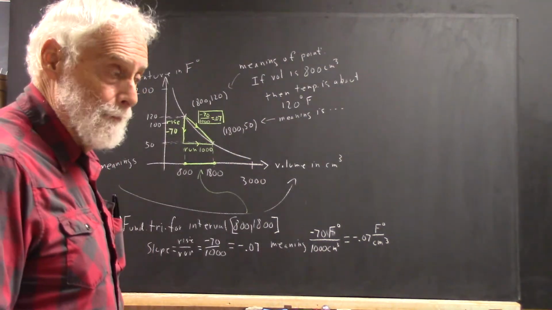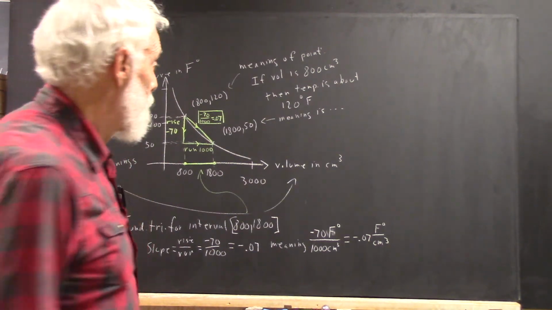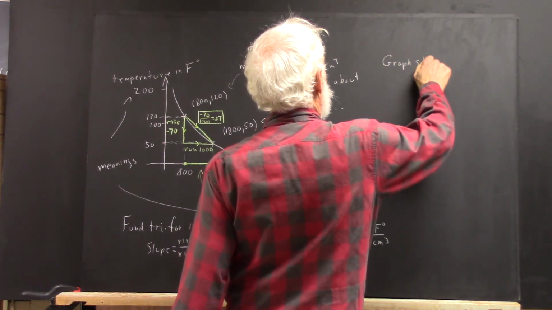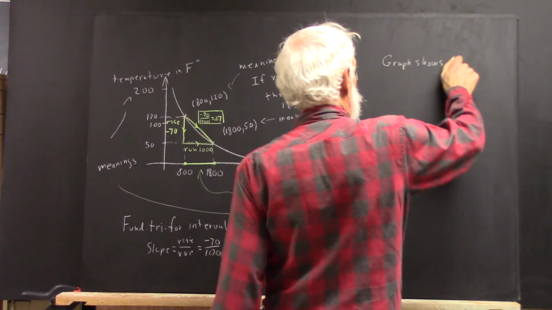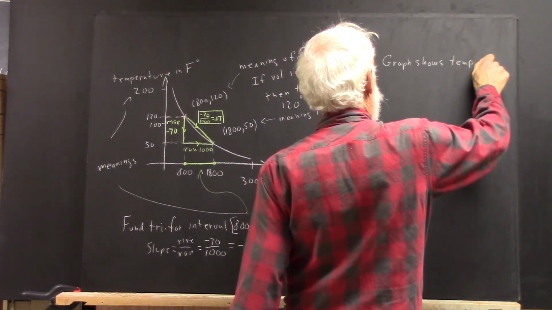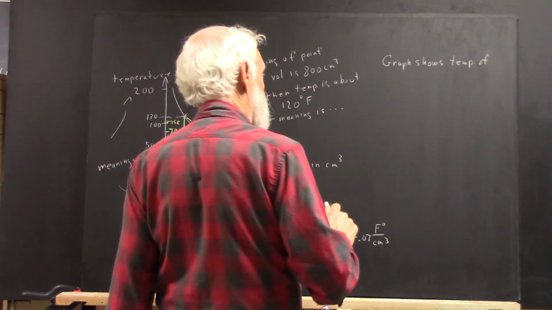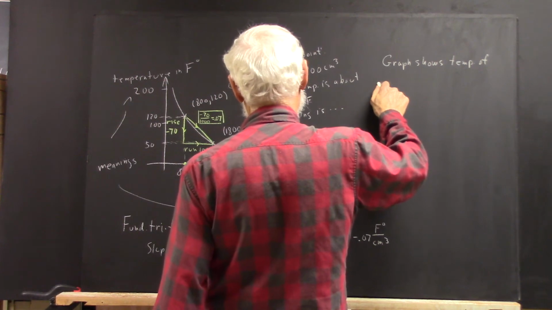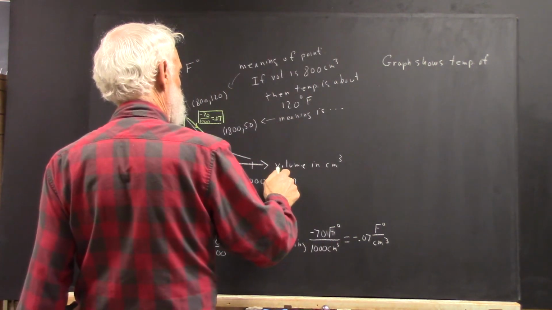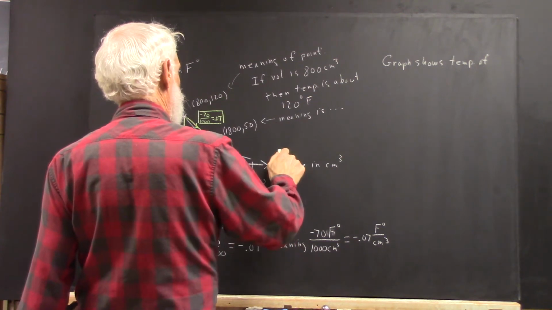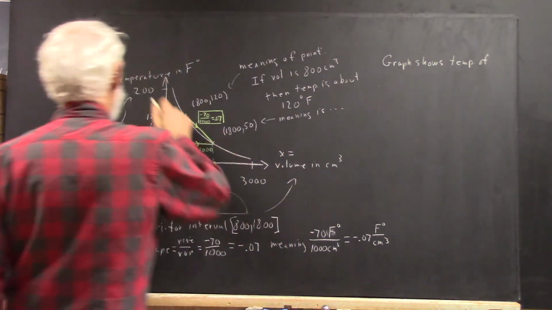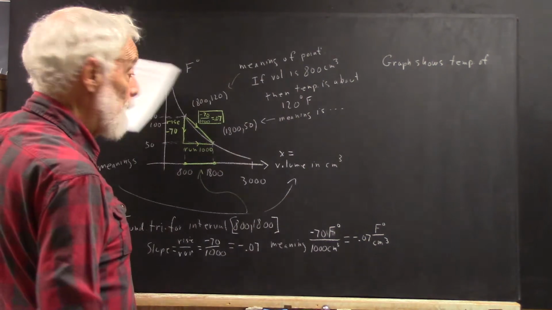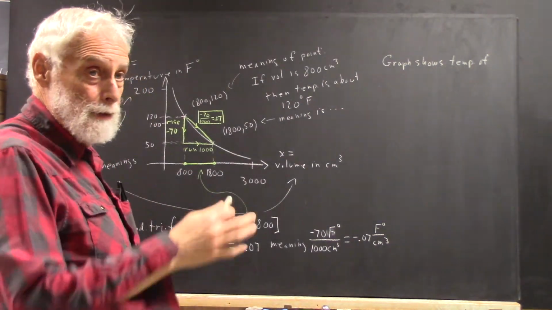Now, if I want to put it in a little more context, let's say the graph shows the temperature of, I'm going to call this X. I'm going to call this Y, because that's what we use for columns. We might call this V and we might call this T. I'm going to use X and Y just to avoid confusion.